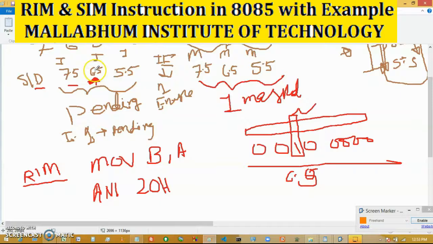We are ANDing the pending status in the accumulator with this 20. That means only this bit is 1; if we want to check 7.5, we can, this is 0, like that. By this we can check the interrupt lines in the microprocessor.